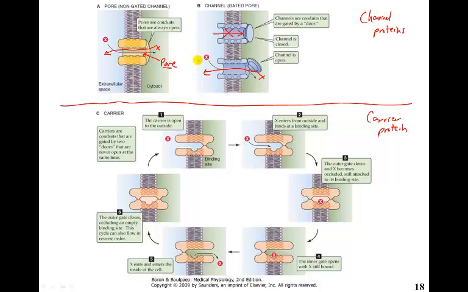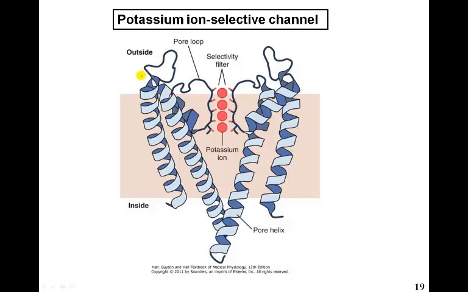Another factor that's important about these channel proteins: you've got this pore and stuff can pass through, but can anything pass through? It turns out in most cases the answer is no. Most channel proteins are selective. This is a detailed structure of a channel protein, and this is the pore.